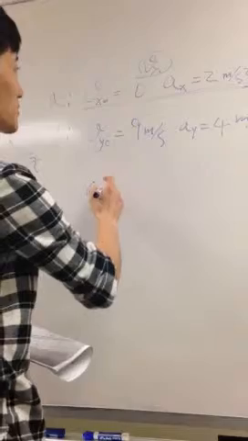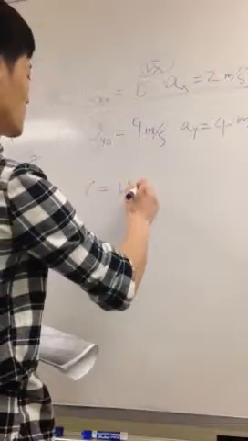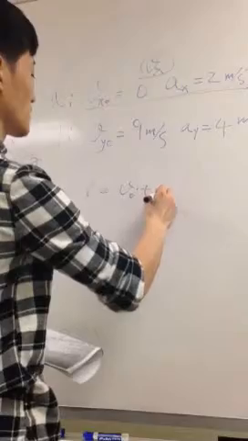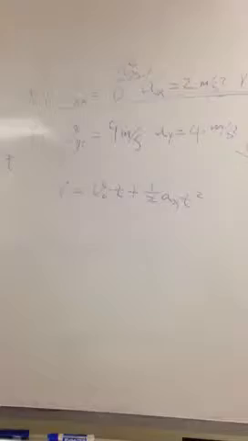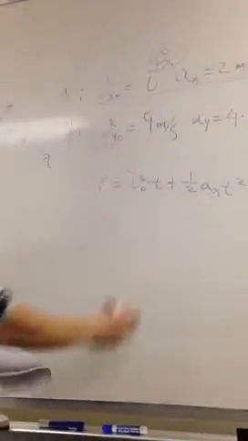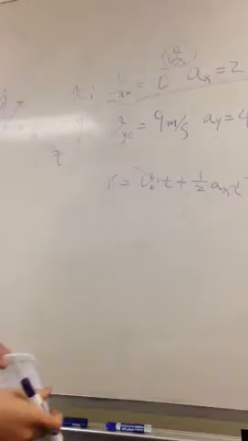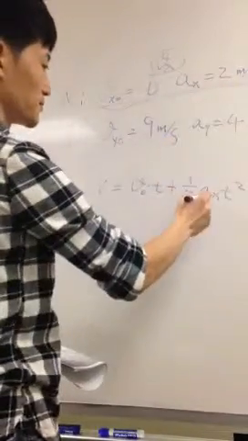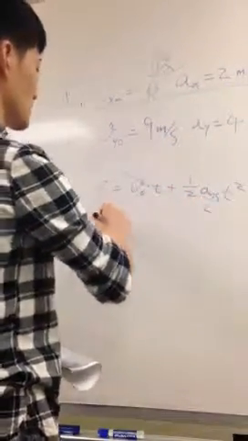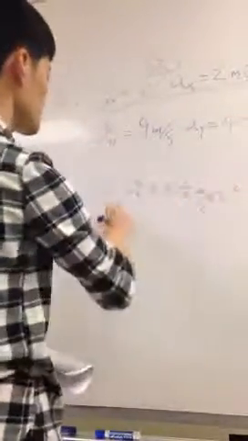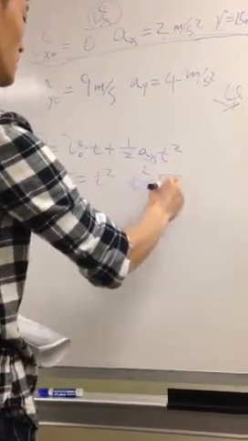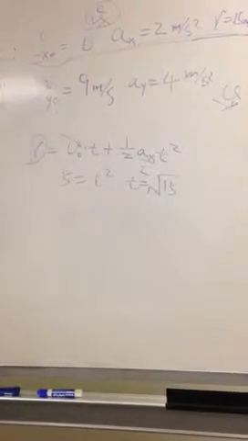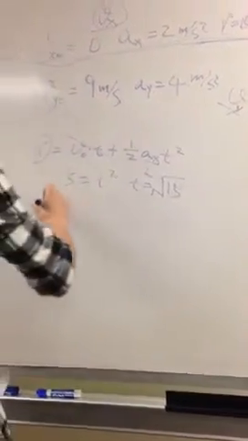To calculate this, r equals the time, the initial is 0, here is 0, and here is 2, so here is 15. So t squared is 15. That's the time.